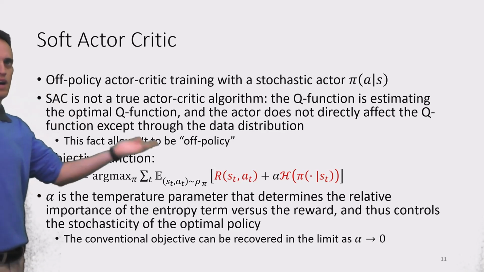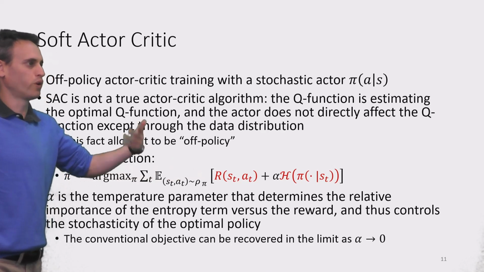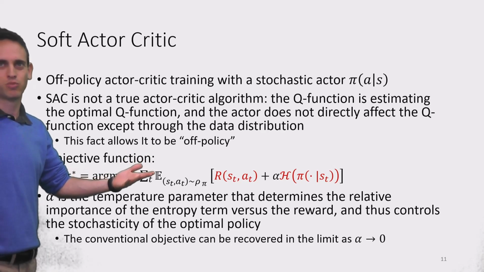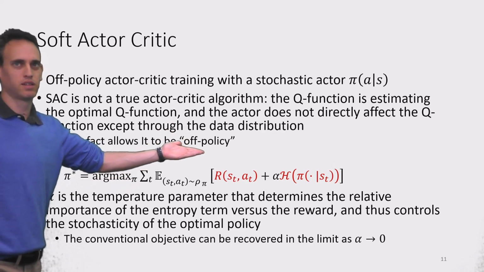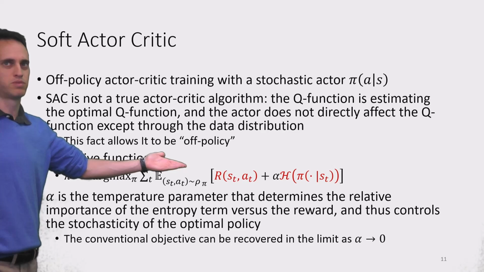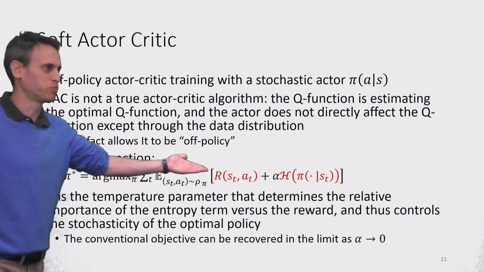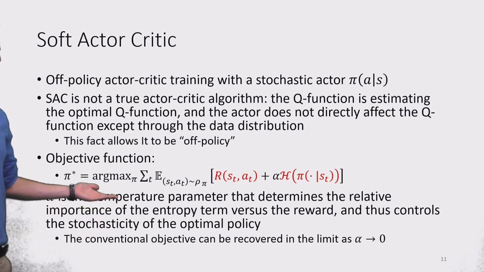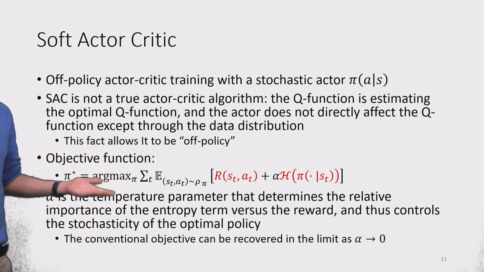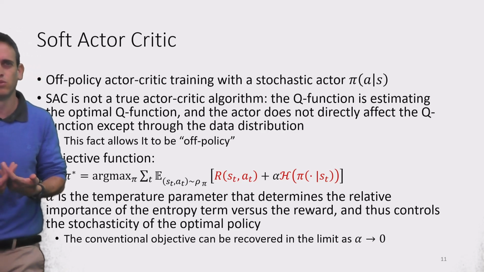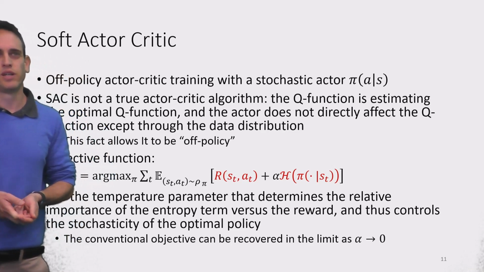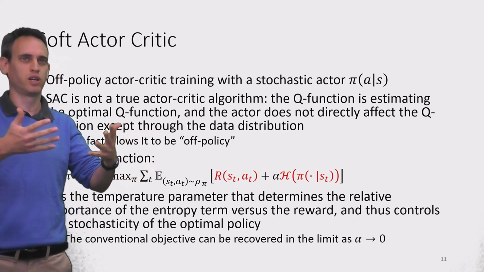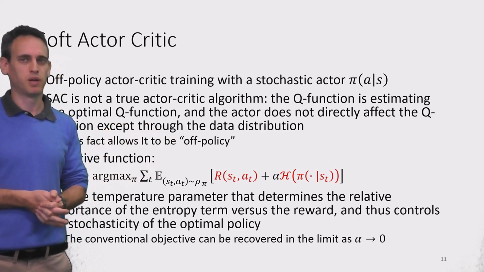If you have a higher alpha, you'll have a more random policy, it will act more randomly. If you have a low alpha, then eventually you will converge on a locally optimal policy which maximizes the reward. And of course, alpha does not have to be static. We've seen this before, we like to start training by acting very randomly, explore the state space, and gradually converge on the true optimal policy.